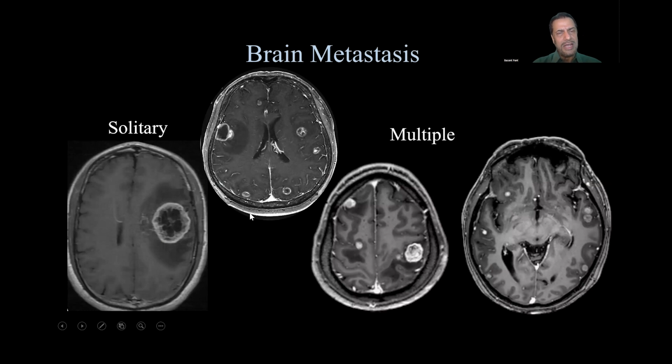Most of the time, metastasis means the tumor is spreading from the lungs, liver, prostate, or different parts of the body, where the tissue is foreign to the brain. So there is most of the time a lot of edema around it, because of the immune reaction to the foreign tissue that has come there.